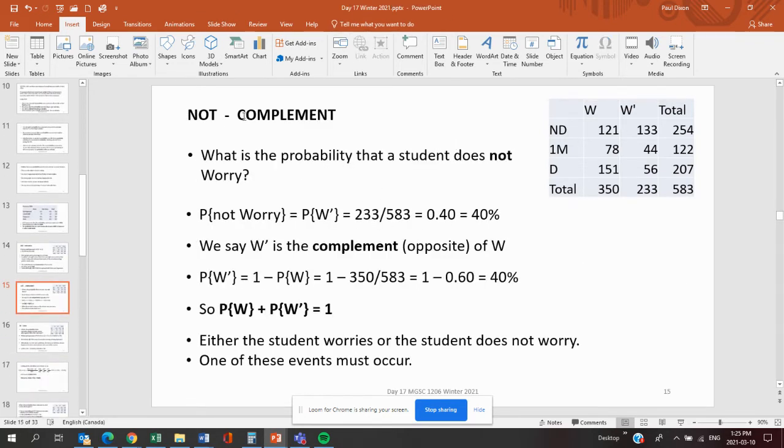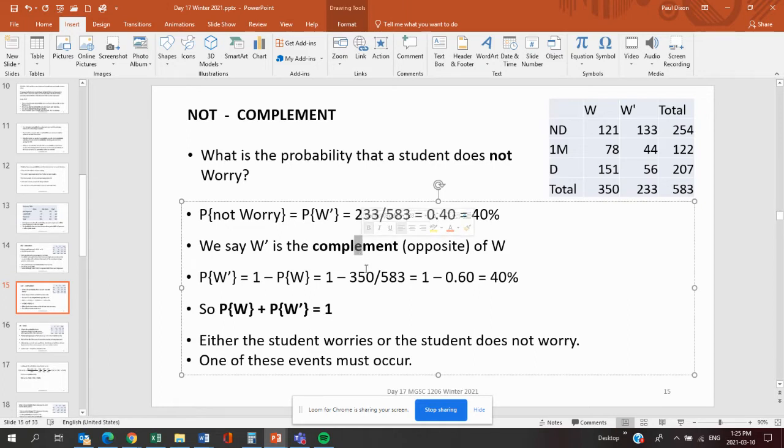Another term that's used is the word complement. Complement is used in the context of not, an opposite. A complement, if I spell it with an I here instead of an E, is saying something nice about you. That you're smart, you're pretty, I like you.